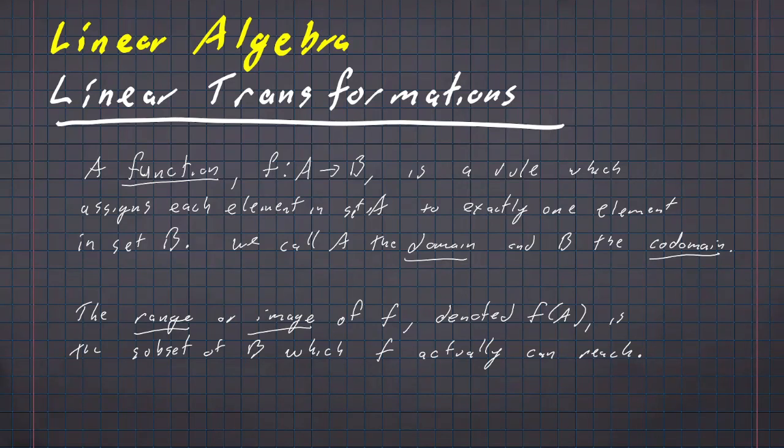So compare and contrast. When you've dealt with functions in the past, you've dealt almost exclusively with real valued functions of one real variable. If you've taken Calc 3, you've talked about vector valued functions and functions of a vector variable. But for the most part, real valued functions of one real variable.